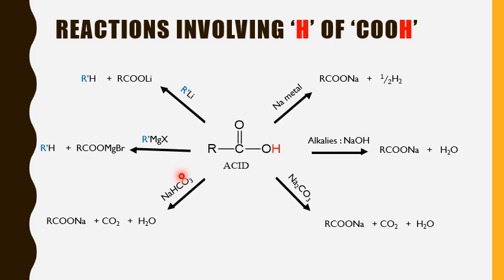And next, another famous organometallic compound such as alkyl lithium or aryl lithium will also react with carboxylic acid, which relieves the acidic proton and replaces it with the highly electropositive lithium ion. So both will give you the side products of alkane.